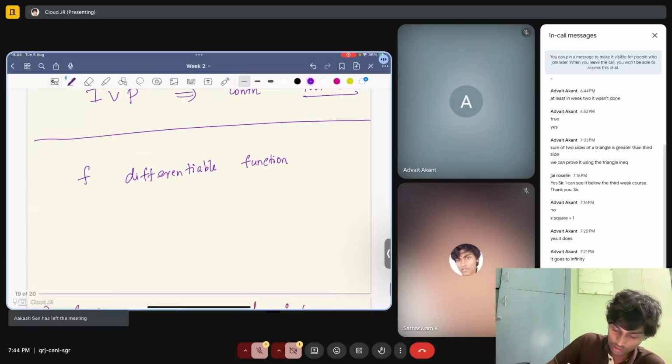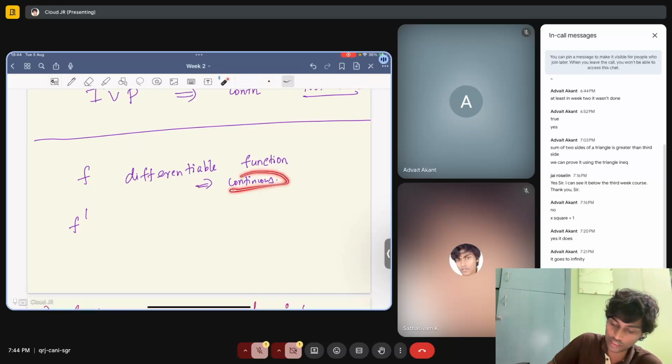If you have a differentiable function, then differentiable implies continuity. This you will prove. But continuous does not imply differentiable, so differentiability is much stronger than continuity. But f prime need not be continuous in general.